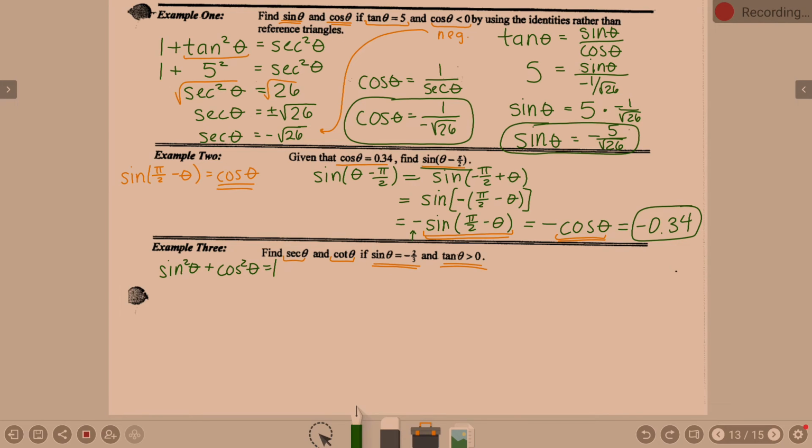So sine squared says we're going to do negative 2/3 squared plus cosine squared equals 1. What is negative 2/3 squared? Check again. There we go. Positive 4/9 plus cosine squared equals 1. Get that mistake out of the way now, right?